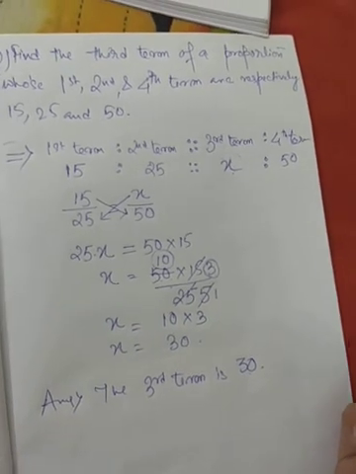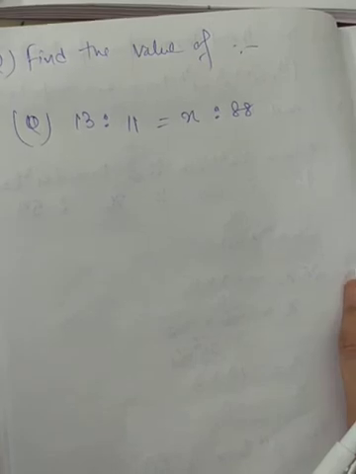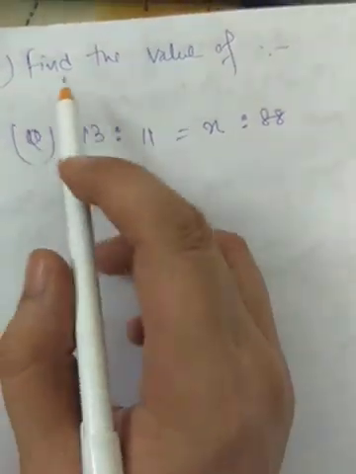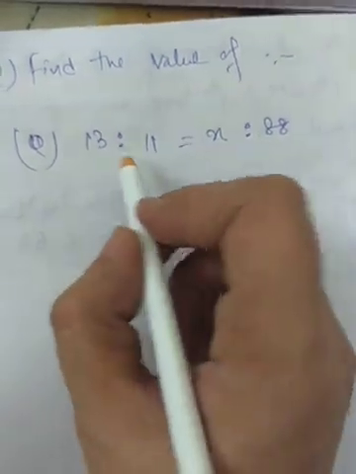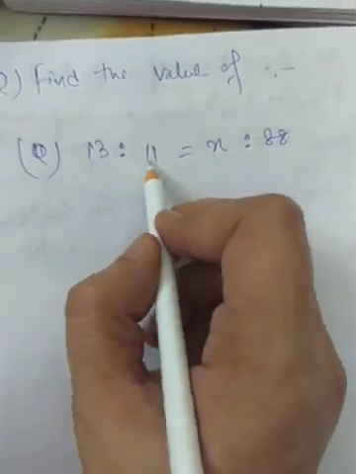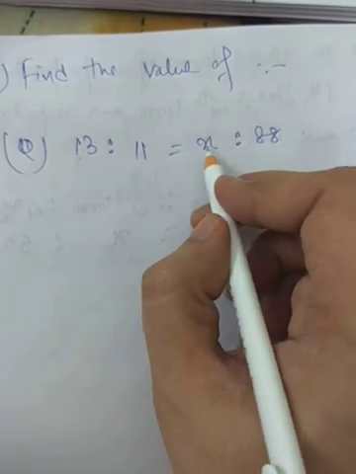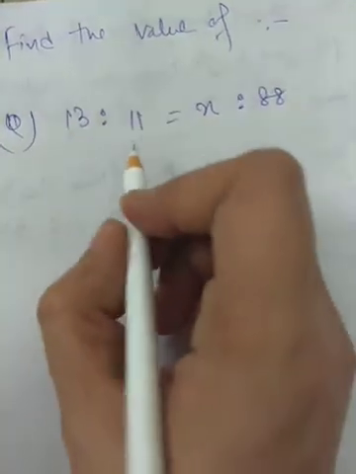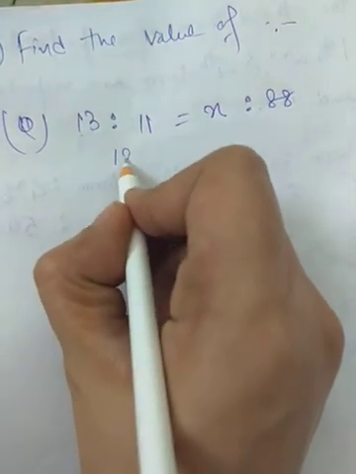Let us try some more sums. Let us work out this sum. Find the value of x. It is 13 is to 11 and x is to 88. Now this will be in the division form.